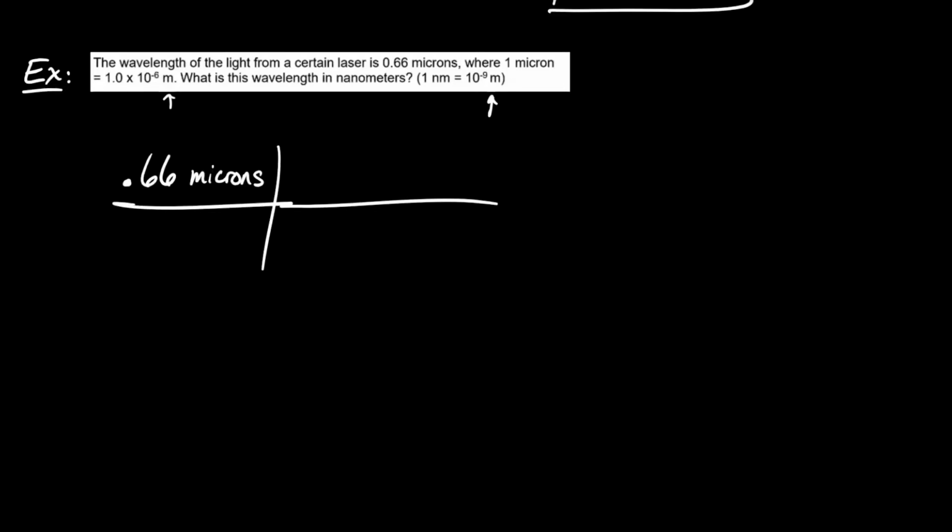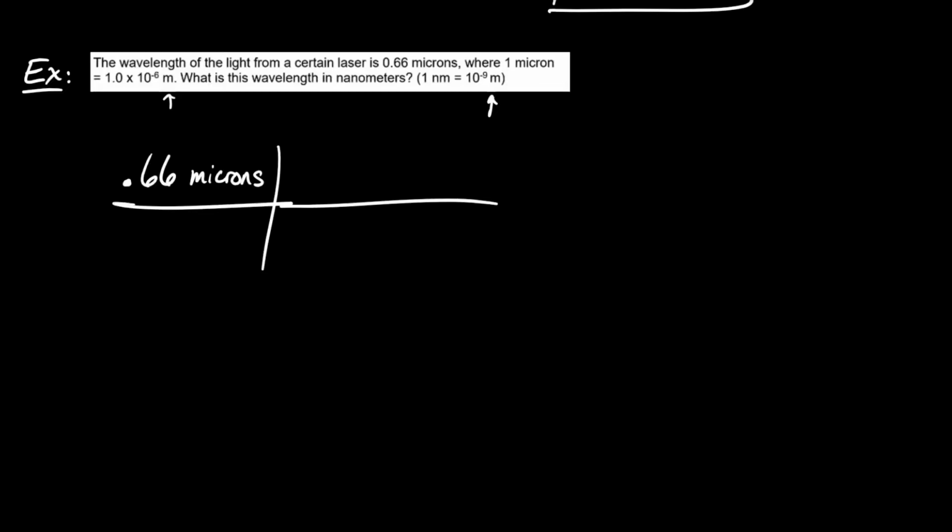All right, so we start out with a length of 0.66 microns. And the goal is to express this in nanometers. So we want to kill microns with something in the denominator and probably first go to meters because it tells us how many meters a micron is and also how many meters there are in a nanometer. So let's see if we can convert microns to meters first, and then later we'll convert meters to nanometers.